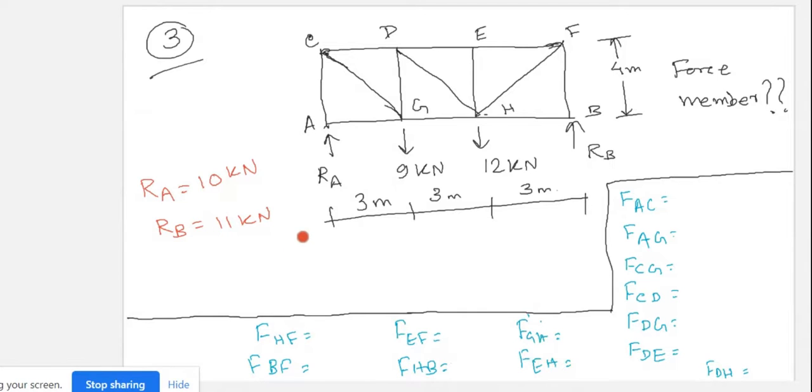Sir, 10 kilonewton in the opposite direction of RA. Opposite direction means compressive or tensile, say. It's compressive. Good. Because this is acting like this. So this is point A, here this is acting, and as it is a straight line, this is AC. Okay, and what about this AG?